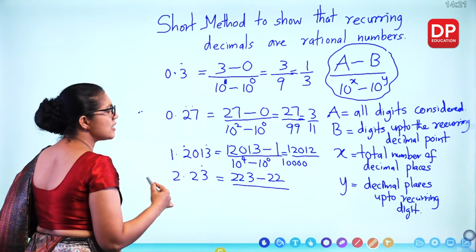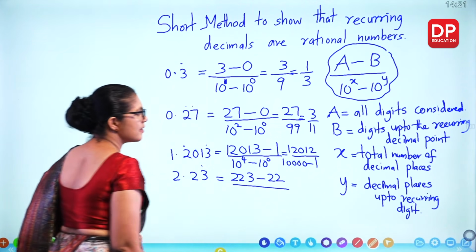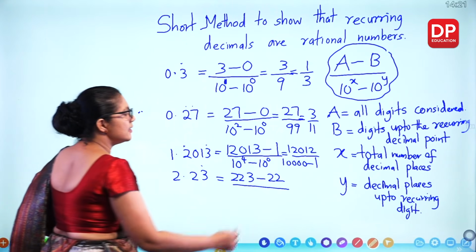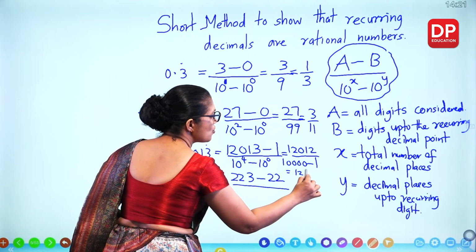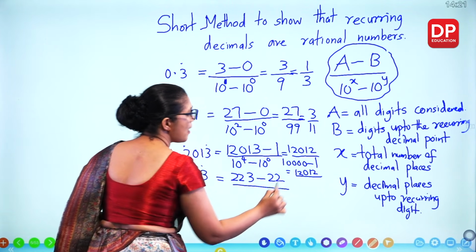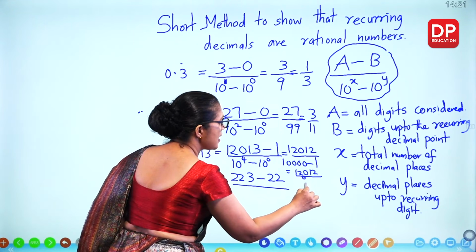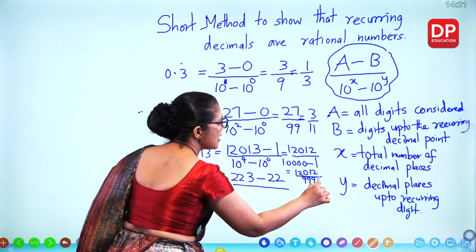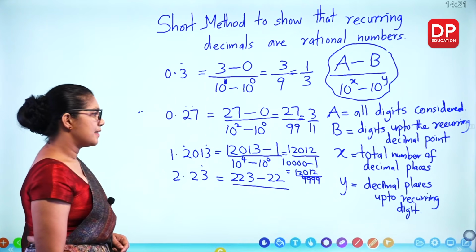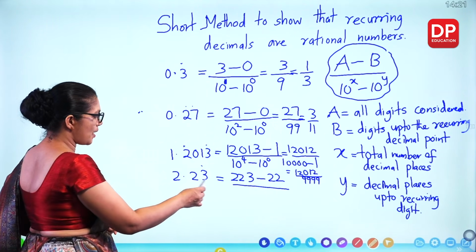That means 10,000 minus 1. So what's the answer? You get 12012 divided by 10,000 minus 1. You get 9,999.